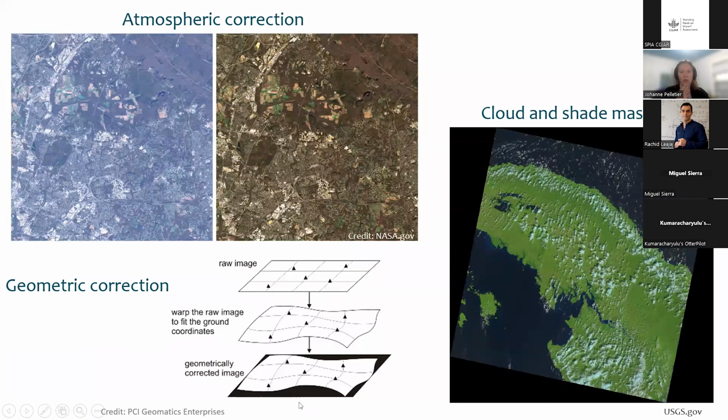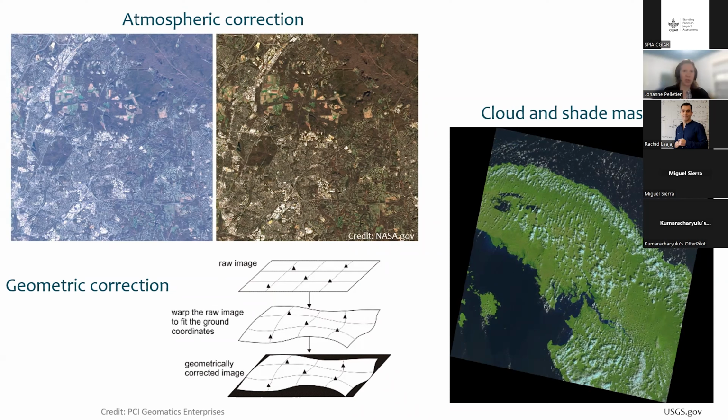You have the satellite that's in space, and between the ground surface and the satellite, there's the atmosphere that can be filled with water vapor that really affects the detection of what's on the ground. So the atmospheric correction is to remove this effect and so arrive at a surface reflectance, from top of the atmosphere to bottom of the atmosphere.